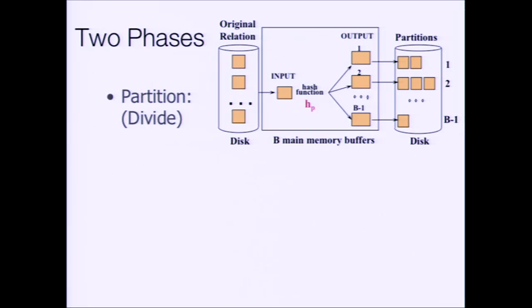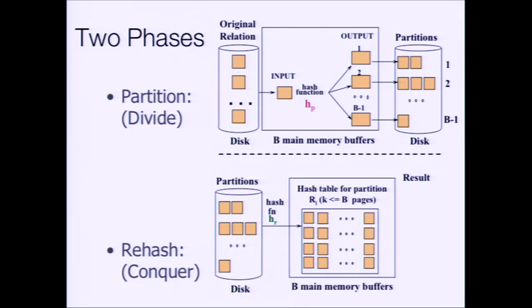So we're going to take it hash mod the amount of memory we have for this algorithm, minus 1. One for the input buffer and B-1 for the output buffers. And that's going to generate B-1 partitions on disk. And hey, if each one of those partitions is only B big, then we're done. So in pass 2, we'll read in the partitions one at a time and conquer them.